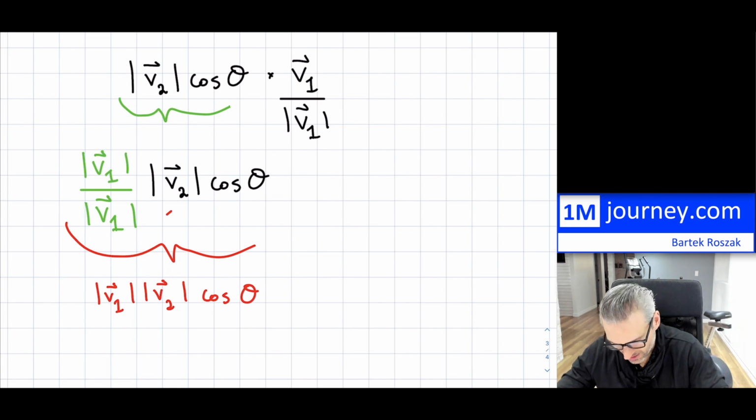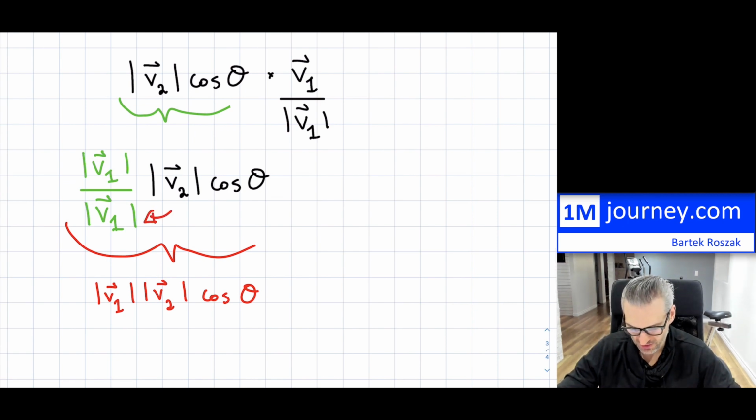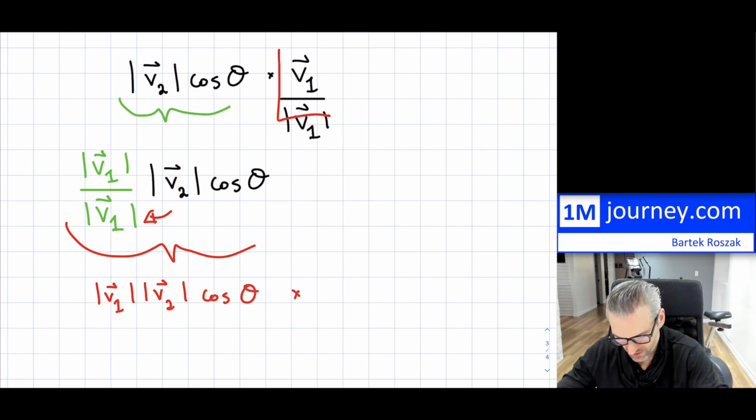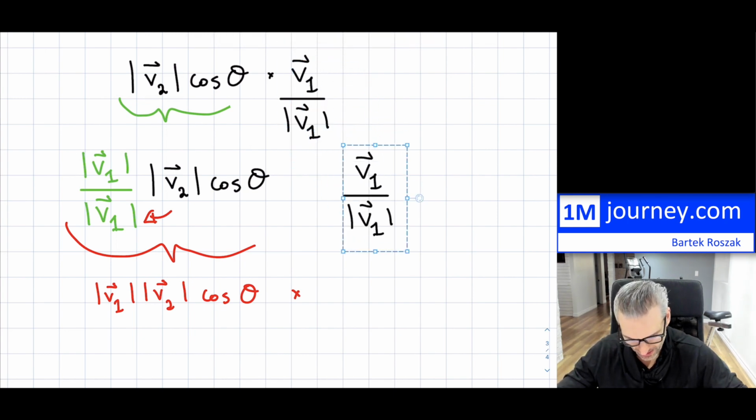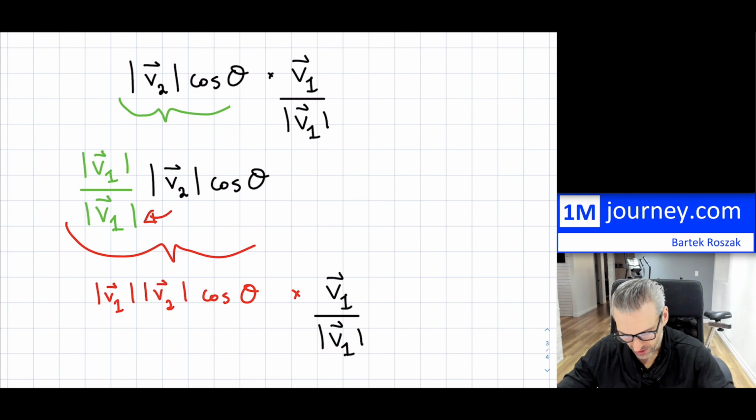I'm going to take this right here, because it's just division, and shift it over, so it's going to be multiplied by this. Duplicate it, bring it back, and notice that because I have one of these here and it's being multiplied, and I have the other one over here, v1 magnitude times v1 magnitude, this is going to become squared.